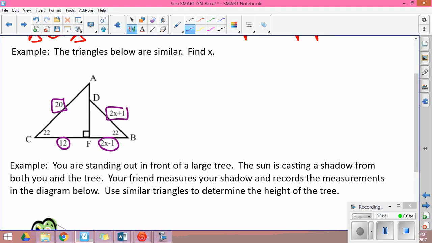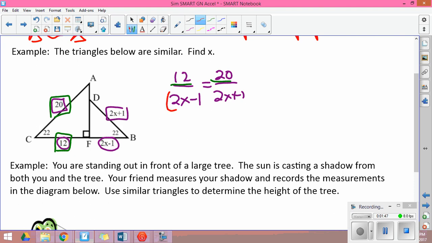So I'm going to say leg to leg is going to be equal to the hypotenuse to the hypotenuse. And I'm very careful to make sure that I have triangle CFA coordinates both in the numerator, triangle DFB coordinates in the denominator. So we're going to do our parentheses.